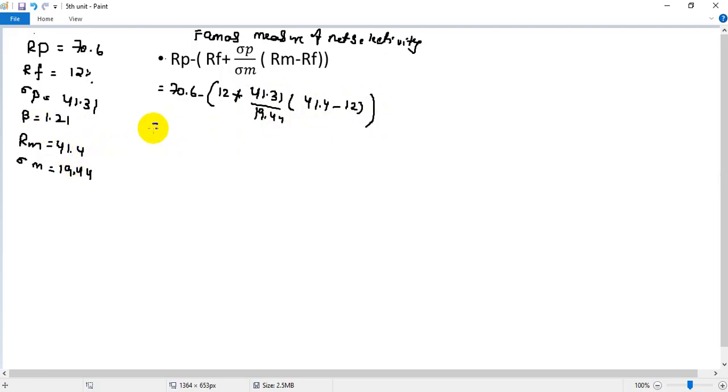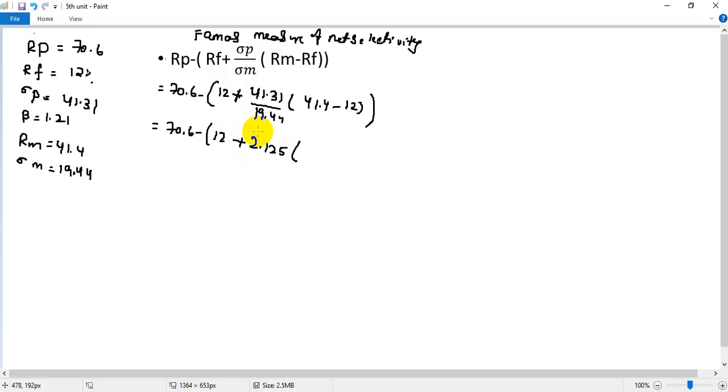If you do this part, it will be 70.6 minus, if you do 41.31 divided by 19.44, it will come to 2.125. Then 12 plus that.